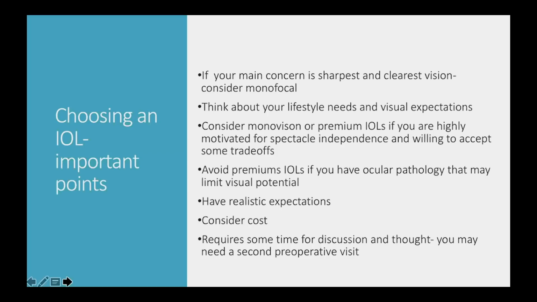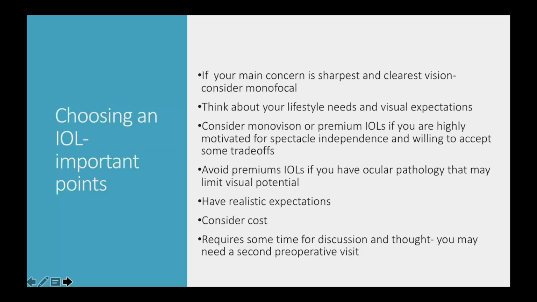Then you want to think about your lifestyle needs and your visual expectations. Consider monovision or premium lenses if you're really motivated for spectacle independence and at the same time willing to accept some of the trade-offs. You do want to avoid the premium IOLs if you have any ocular pathology that can limit visual potential. And of course, have realistic expectations, and consider the cost, if that's a factor.